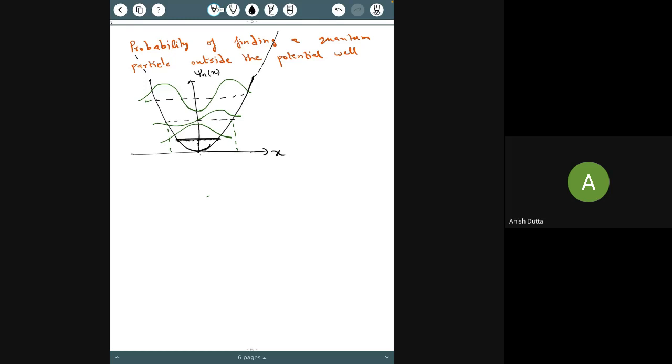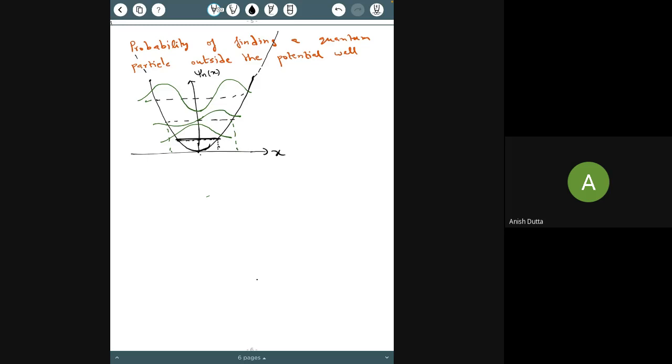Okay, so the tail. We can try to quantify this, for example, by finding out the probability of finding a particle outside the classically allowed region. Let me call the amplitude of oscillation A. Let's just talk about the ground state maybe.